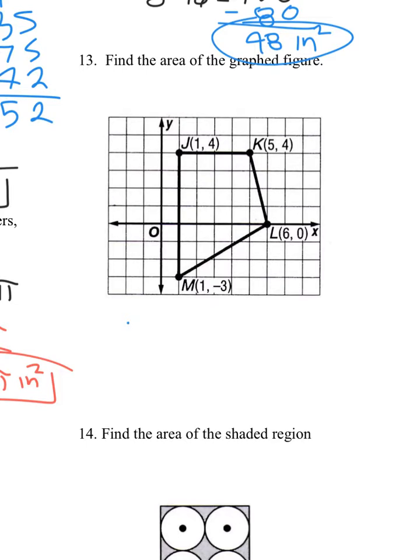Find the area of the graph figure. Break this up into 2 shapes. You don't need to know the slanted length, so you don't even have to worry about that part of it. So on the top, we'll just make this a trapezoid. Height of 4, base 1 of 5, base 2 of 4. So 1/2 times base 1 plus base 2 times the height.